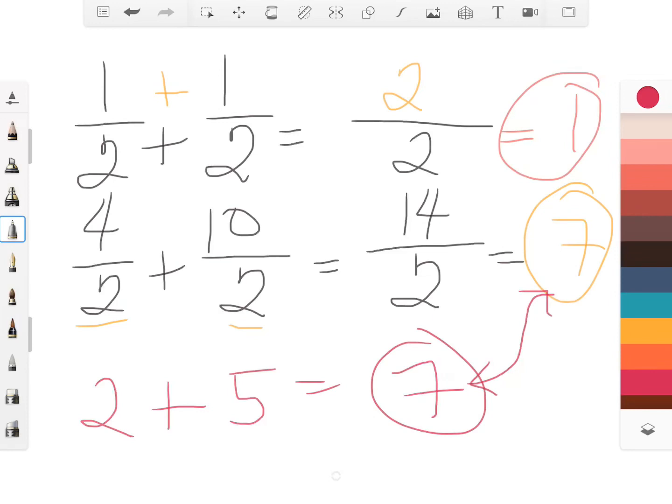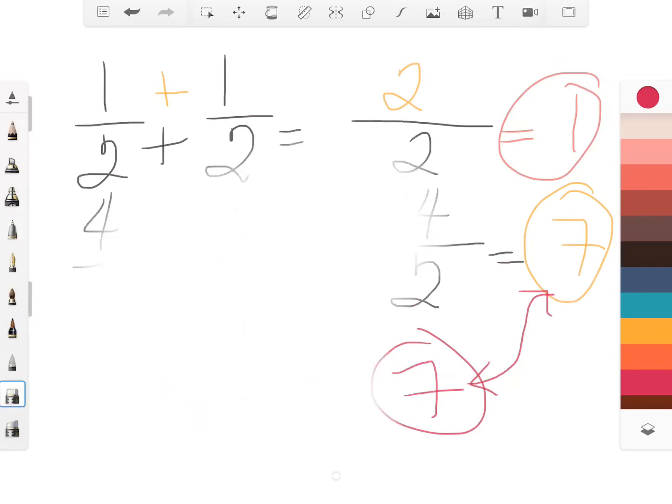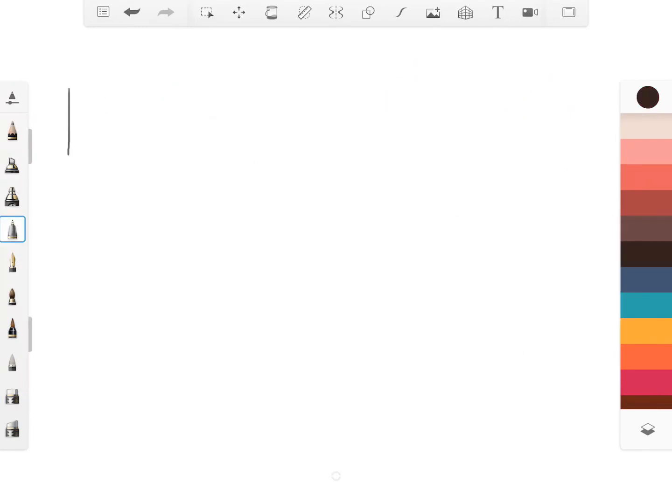So let's try another one. One and 1/2 plus 5/2. Sometimes we are asked to solve fractions where one of them is a mixed number and the other is either an improper or proper fraction.